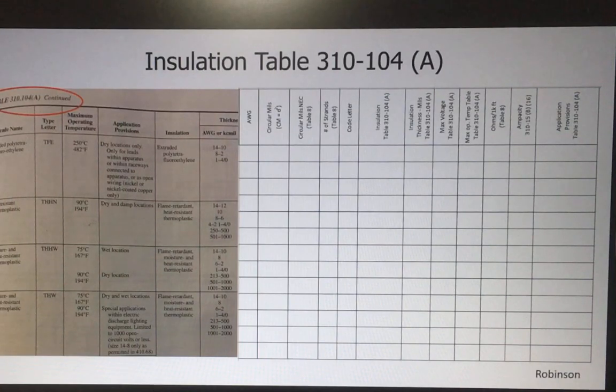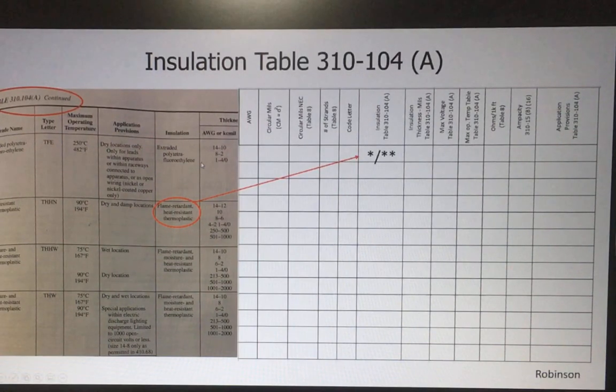Then for the insulation, you go here and it's just easy if you make some type of, what would you call it, a key. So instead of writing flame retardant heat resistant thermoplastic, you got one star for flame retardant and then 2 stars for heat resistant thermoplastic.